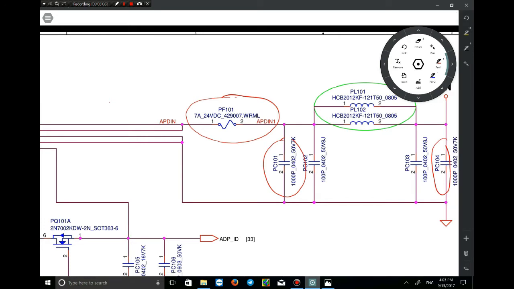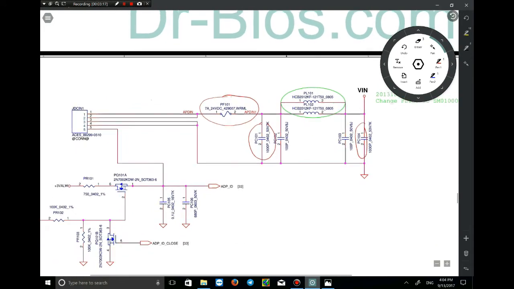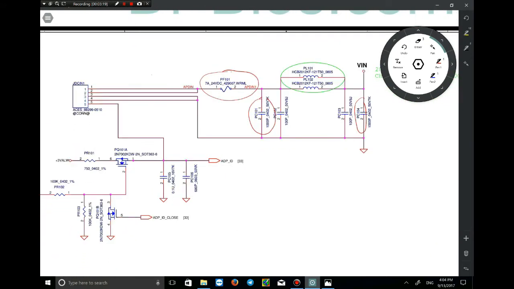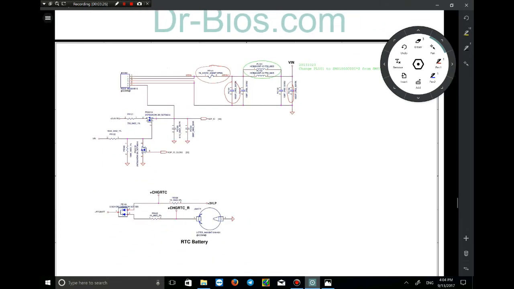All of these block's components start with 100 and over 100. So code 100 is related to the adapter, only the input adapter. And it is also for the RTC battery.